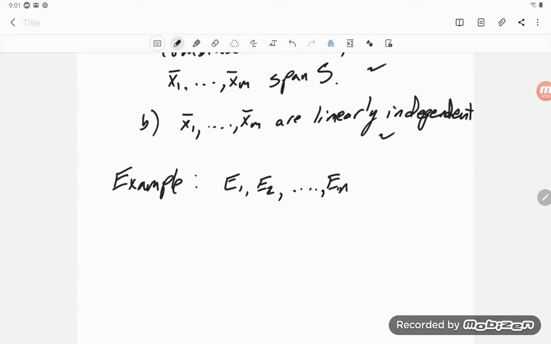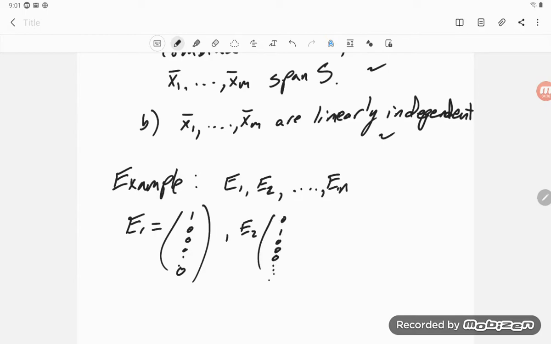I assume that E1 is the vector 1, 0, 0, 0, 0, down here, enough zeros that it's an element of, say, Rn. And then E2 is 0, 1, 0, 0, 0, all the way down. And so forth all the way to En, which would be 0, 0, 0, dot, dot, dot, all the way down to 1. And these are all n-dimensional vectors.